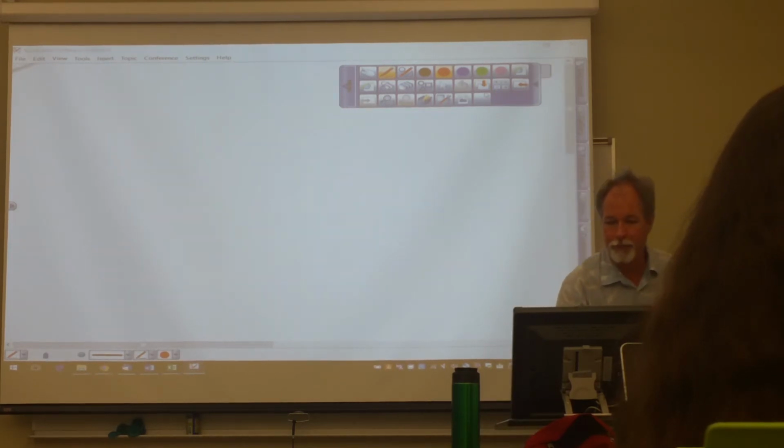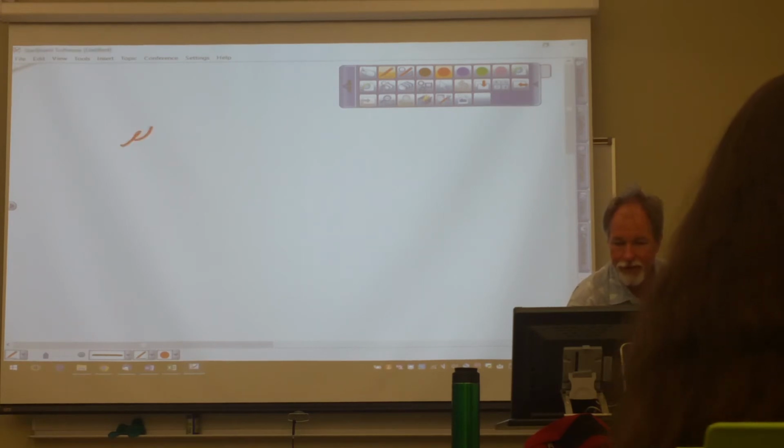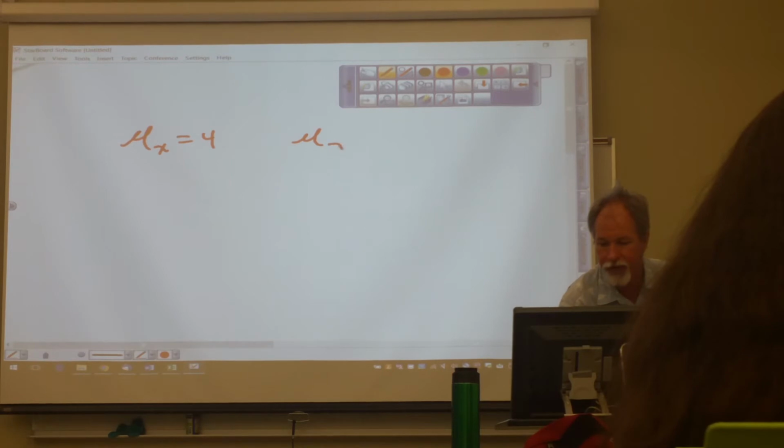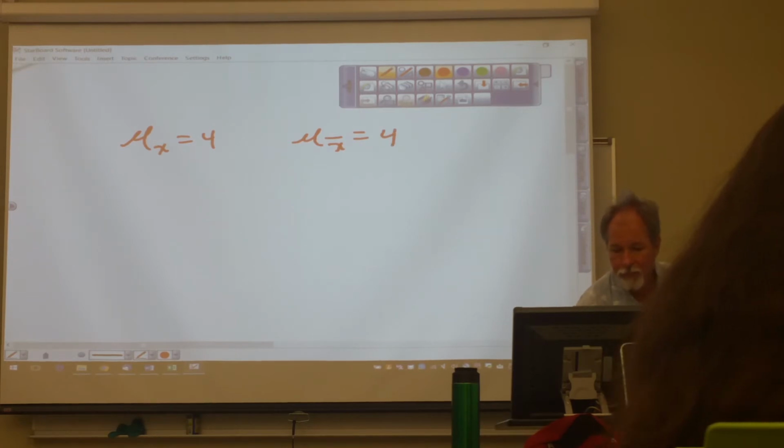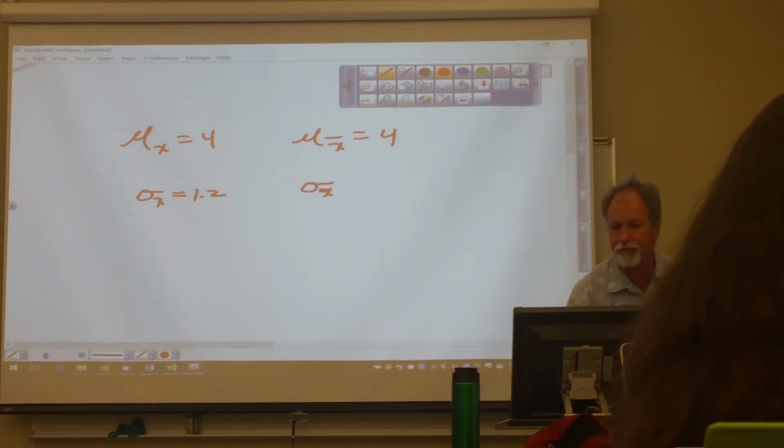Well, if I look at this same problem, my mu of x is equal to 4, which means my mu of x bar is equal to 4. My standard deviation of x was 1.2, so my standard deviation of x bar of the sample is 1.2 divided by the square root of n.